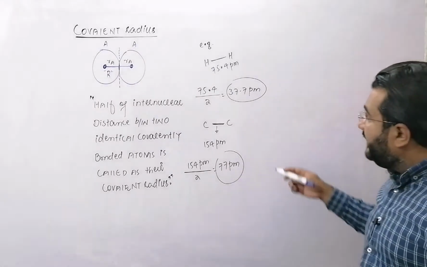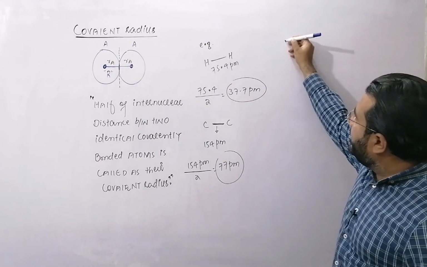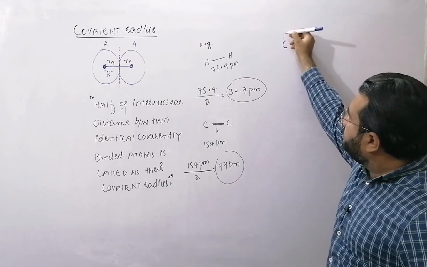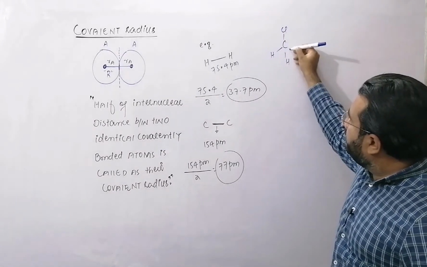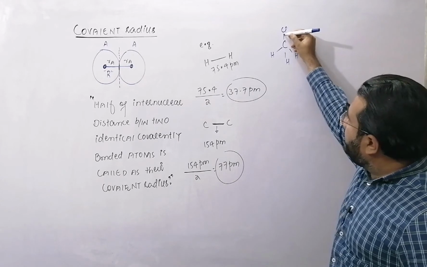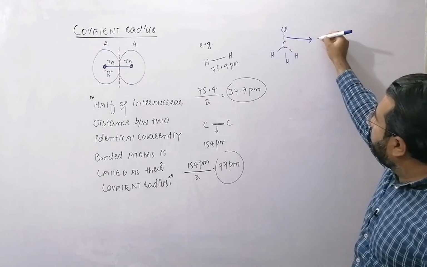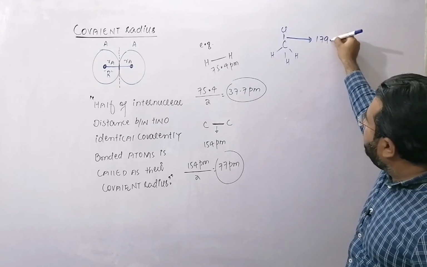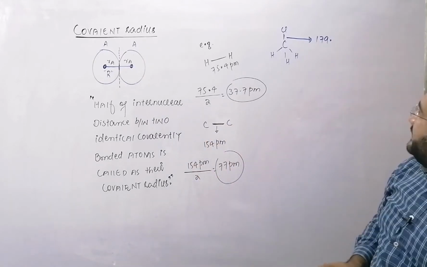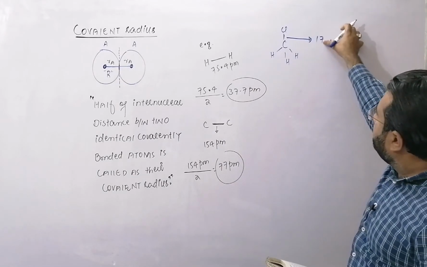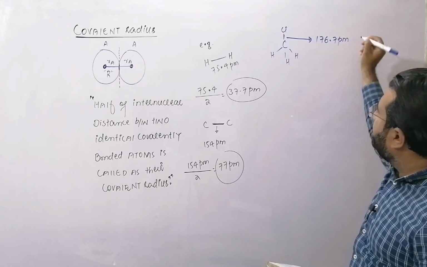Now the covalent radii are additive in nature, and one of the best examples is in the case of chloroform. There is a carbon chlorine bond, and this carbon chlorine bond has a bond length of 176.7 picometer.